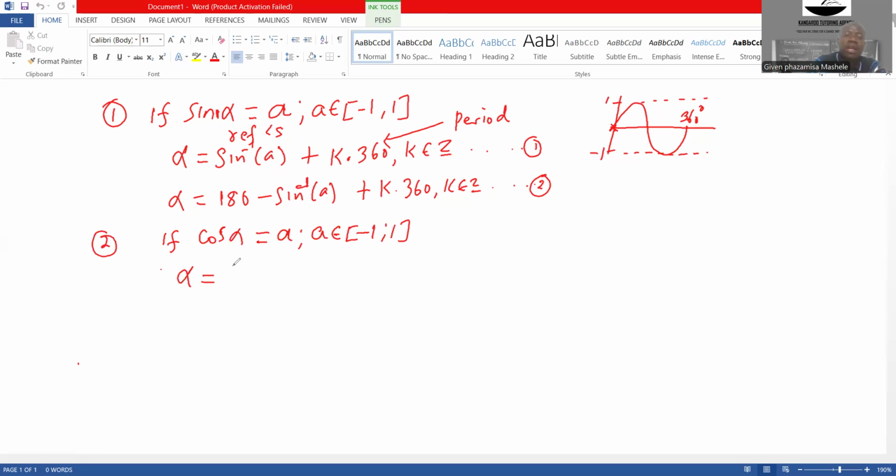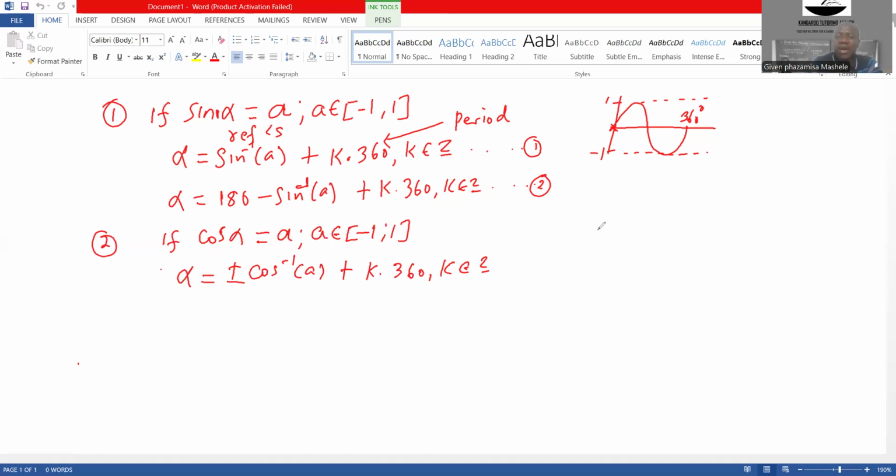From here, we allow plus or minus with the second function, cos of A plus K times 360 degrees, where K is an element of integers. So in other words, when we determine the general solution for cos, we need to accept plus and minus.